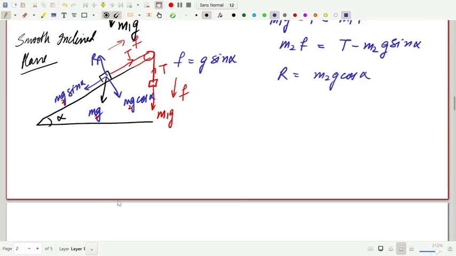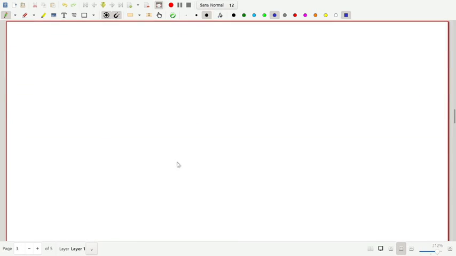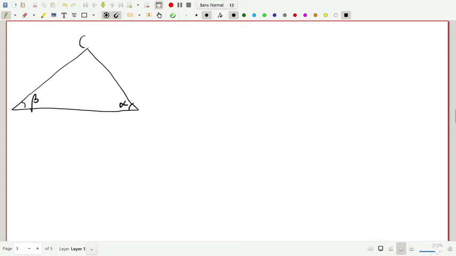Now, if the situation is that we have inclined plane on both the sides. Say this is beta, this is alpha. Here we have a pulley with mass attached. Here also we have a pulley with mass attached. Its mass is M2G.